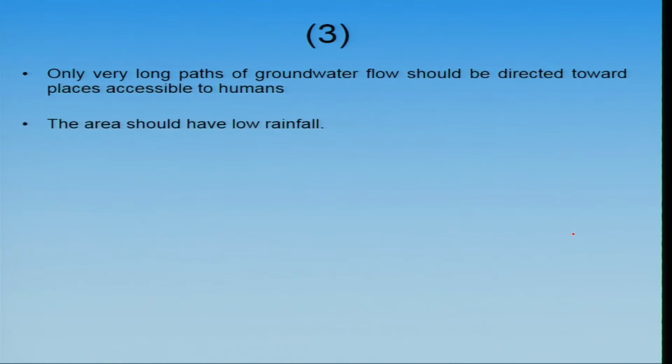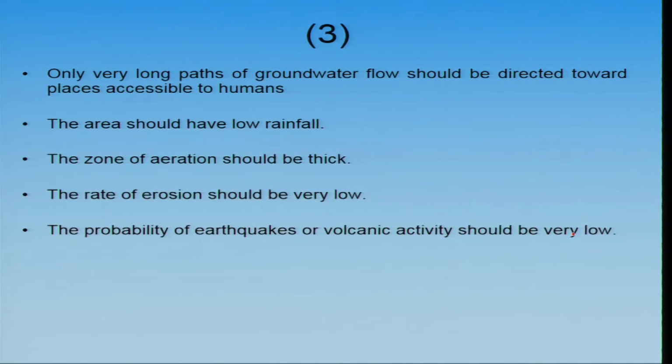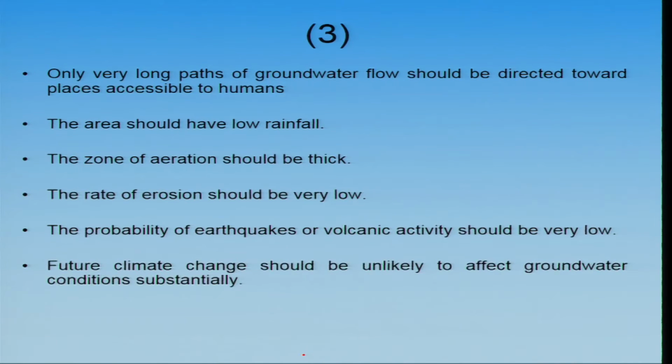The area should have low rainfall, the zone of aeration should be thick, the rate of erosion should be very low, and the probability of earthquake or volcanic activity should also be very low in that area. Future climate change should be unlikely to affect the groundwater condition substantially.